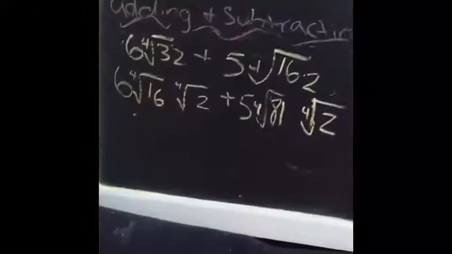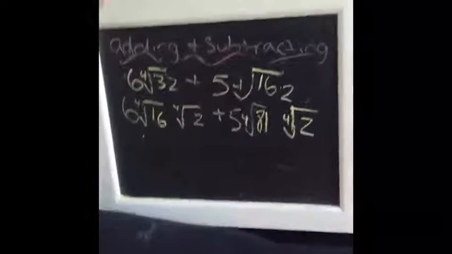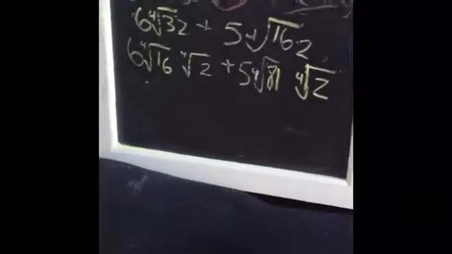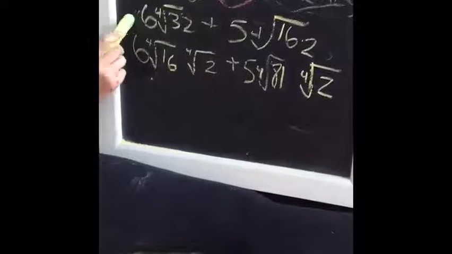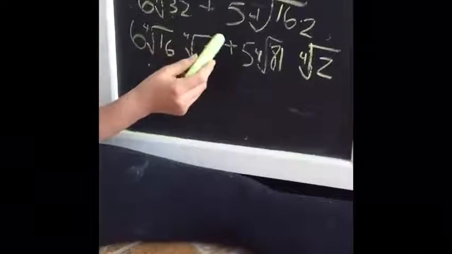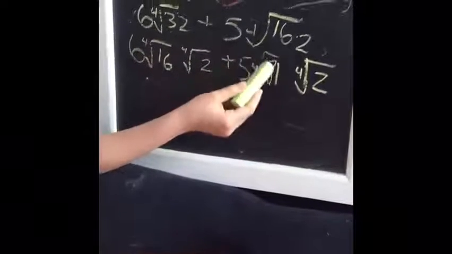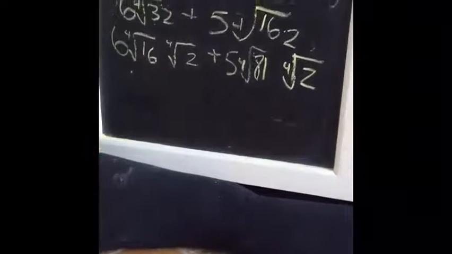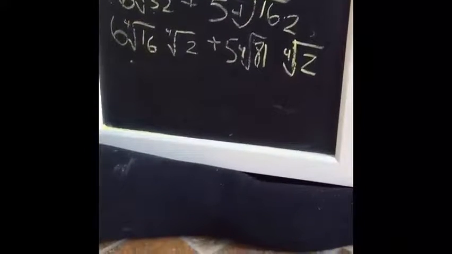So let's put everything that we've learned together by practicing adding and subtracting. So if you had 6 before the radical, and you had 4 in the index, and then 32 under the radical, plus 5, 4th root of 162. All you have to do is break up the radicand, so this is how you're simplifying it.